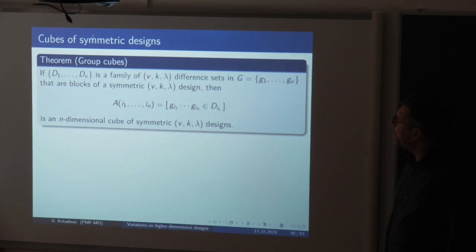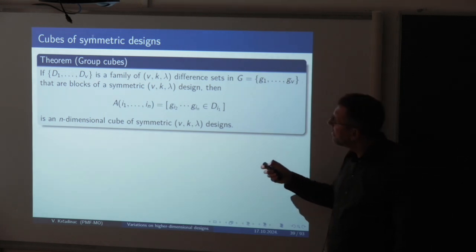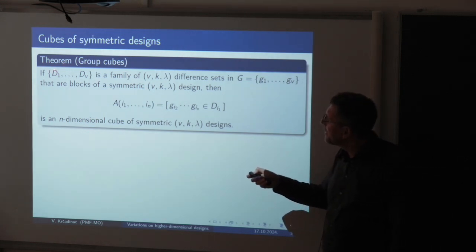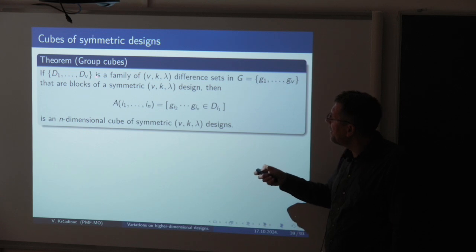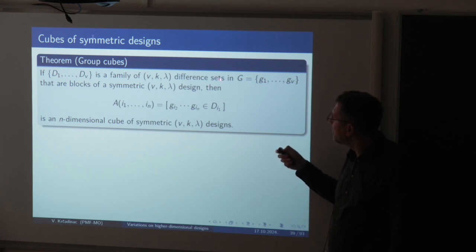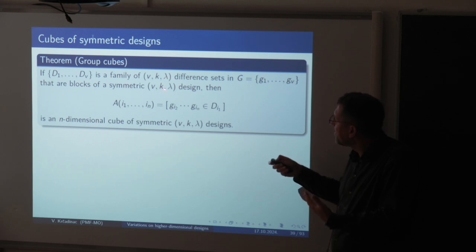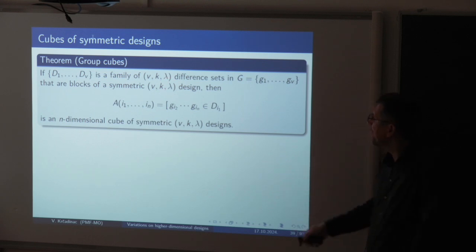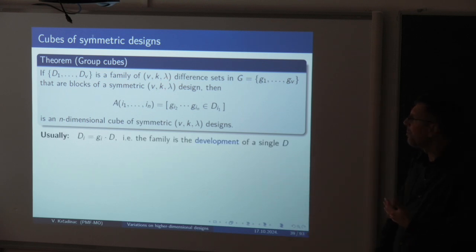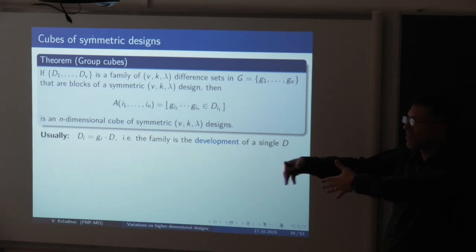We have a slight generalization of the construction from difference sets. Now you need a design, so v blocks, which are difference sets, and they form a symmetric design. Then you can also make such a thing. The usual way, how do you build a design, now looked at as an incidence structure, with blocks that are difference sets?